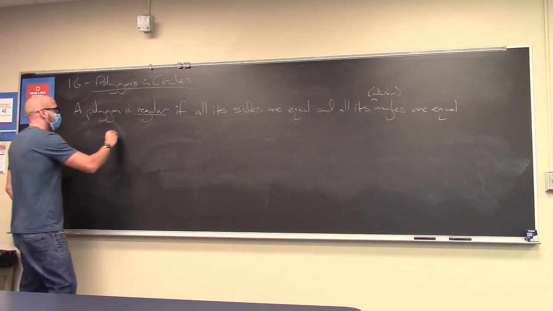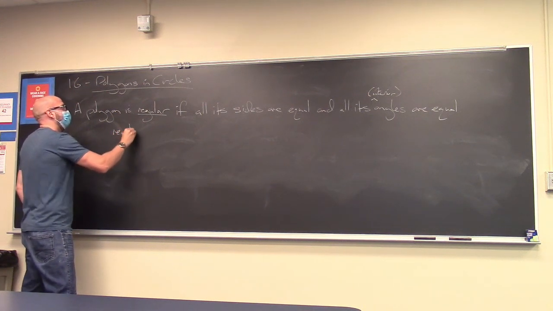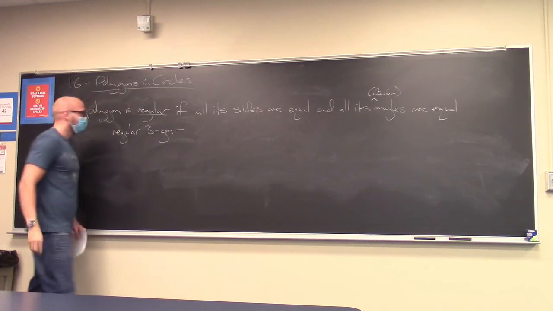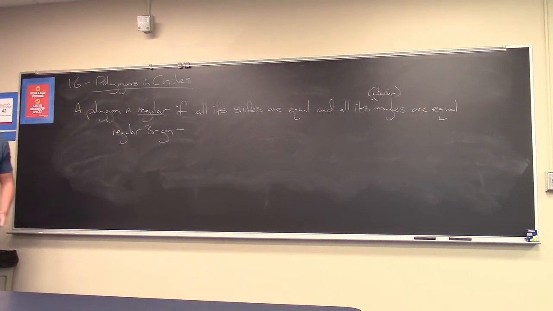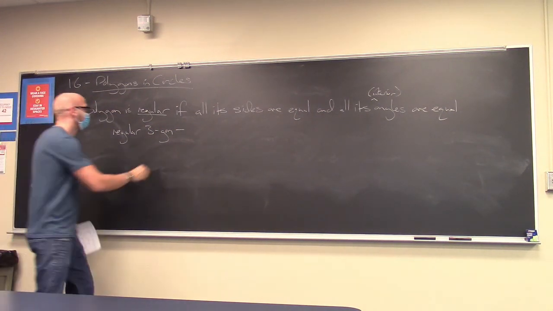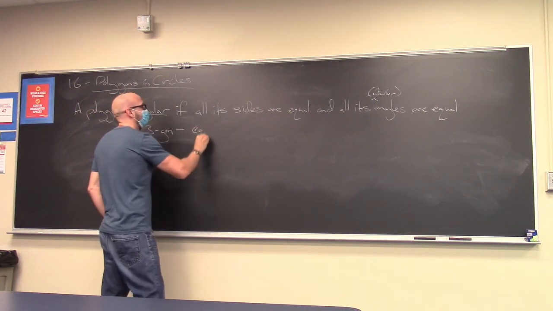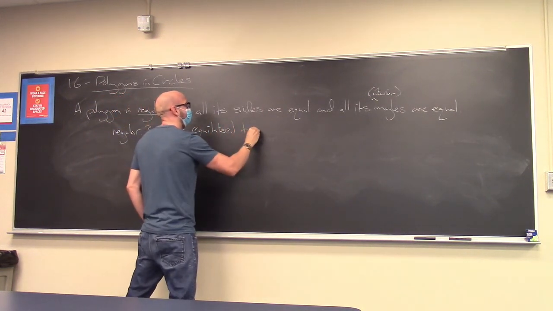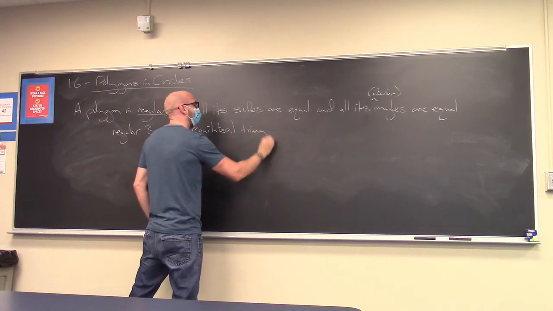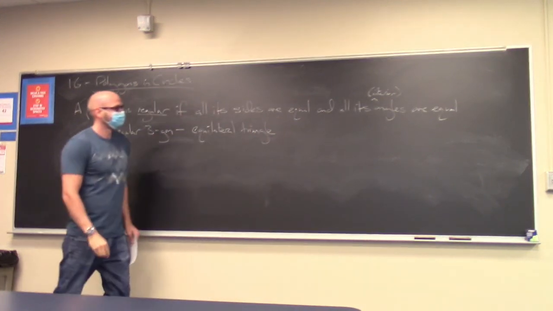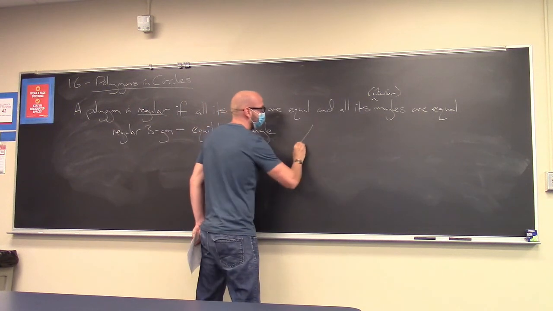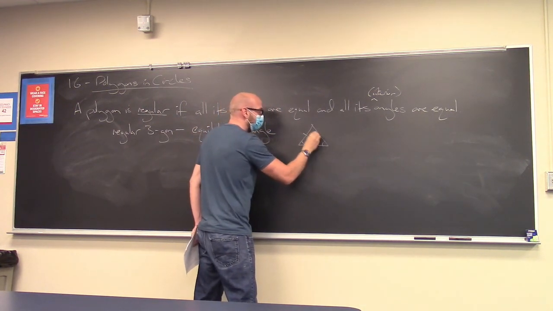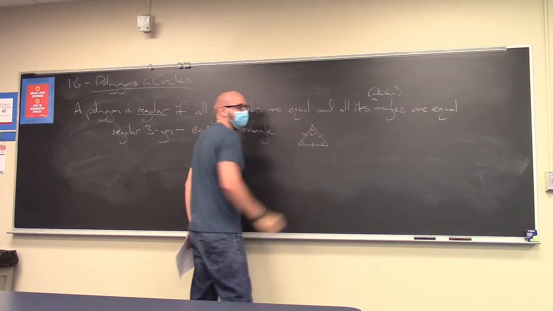So just for example, a regular three-gon, a regular triangle, that's an equilateral triangle, right? Of course all three sides are the same length and all three angles are 60 degrees.